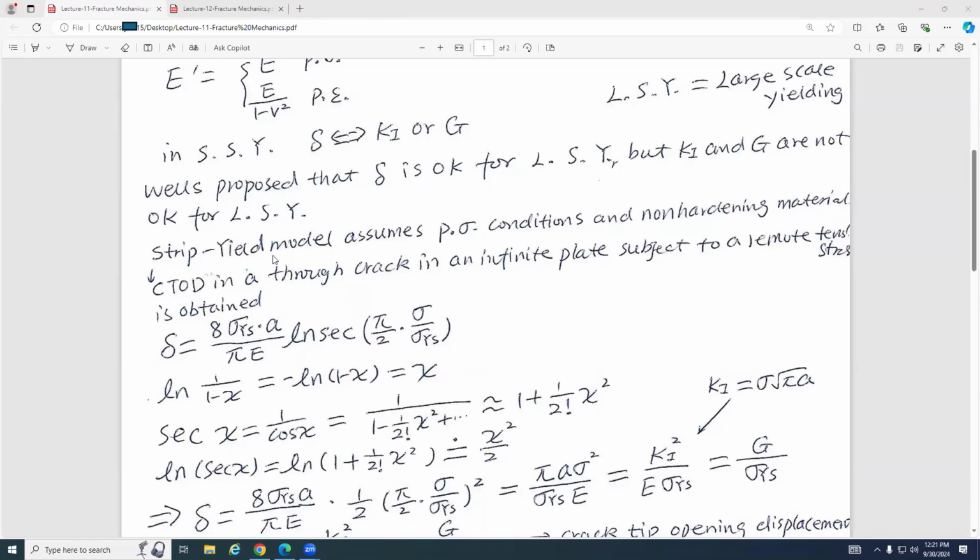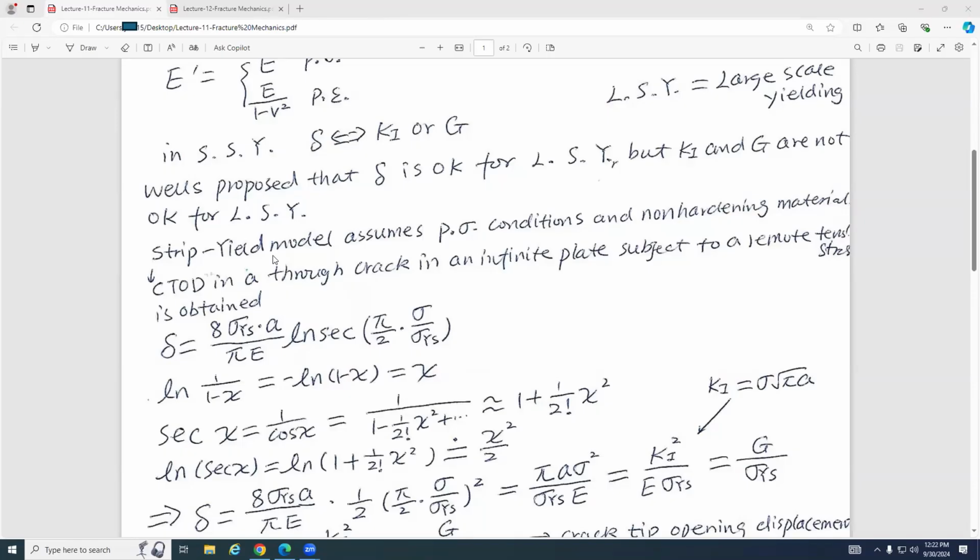For the log function, we know that log of 1 minus x equals minus x, and then this equation can be obtained. And secant x equals the reciprocal of cosine x, 1 over cosine x, and it can be written using the Taylor expansion.